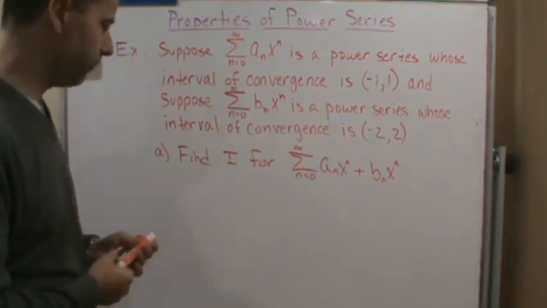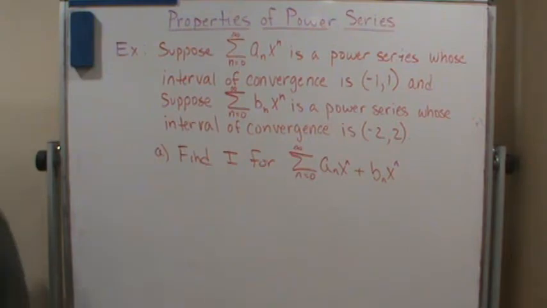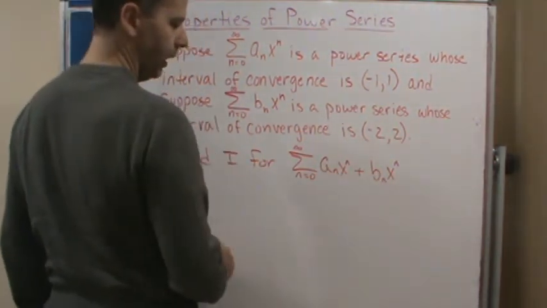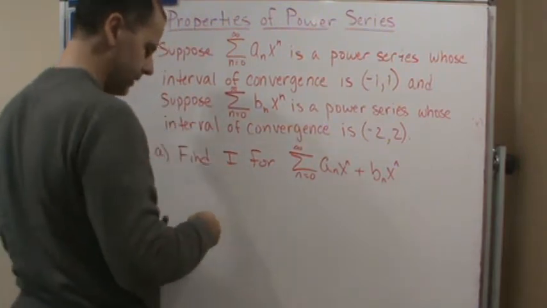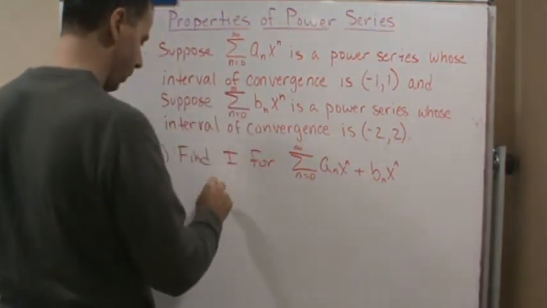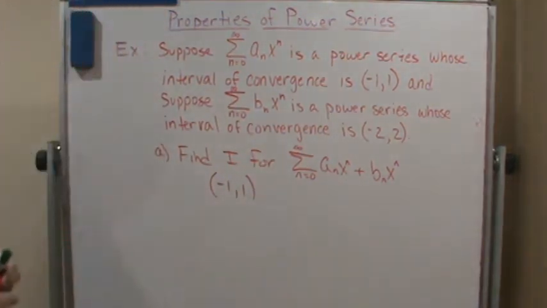And so therefore, if we look at the sum of the series, this new series, then its interval of convergence is going to be -1 to 1, because that is the common interval of convergence.